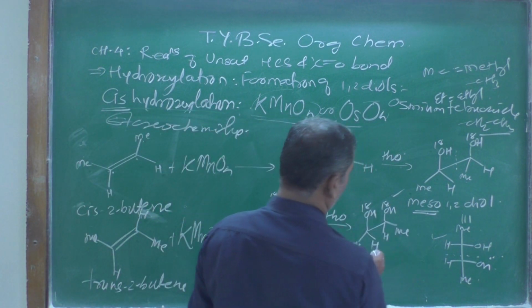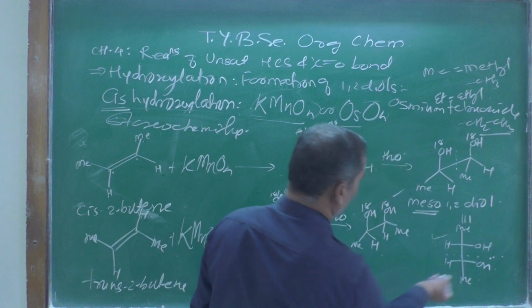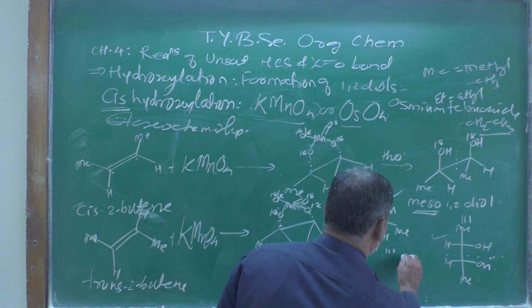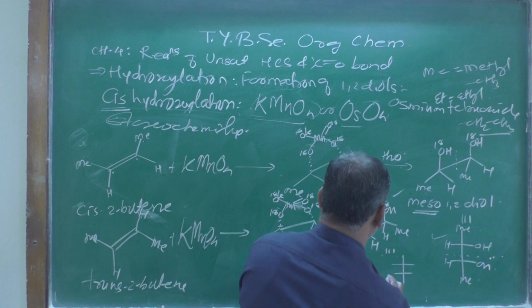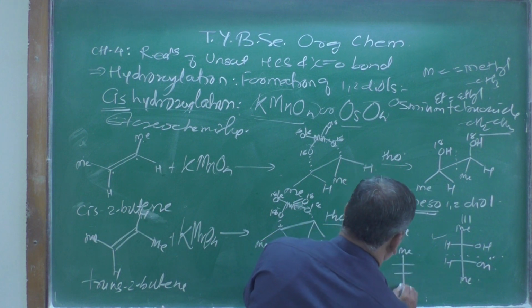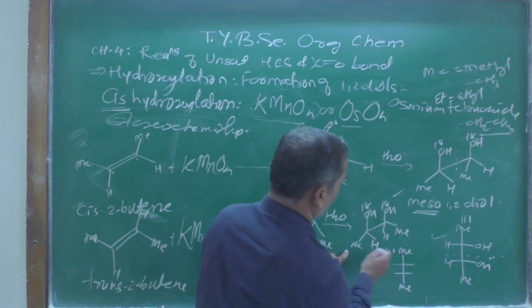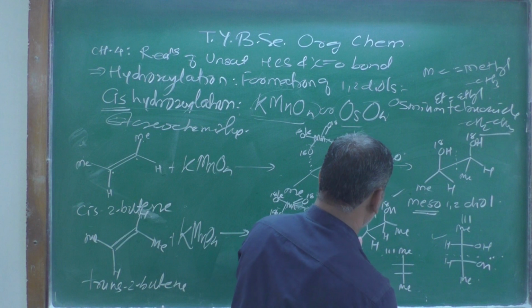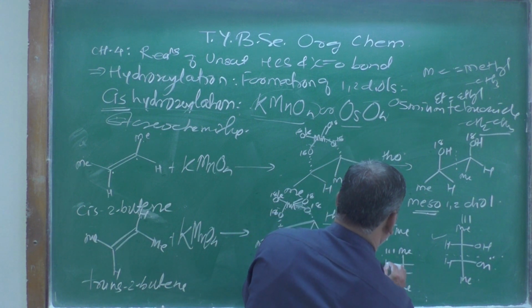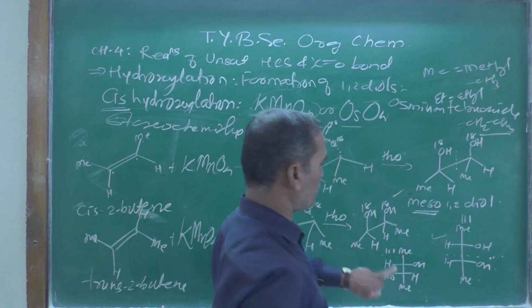Now look here. If you draw the Newman projection formula vertically, what do you see? This methyl group and this methyl group you write over here, and there is a methyl group here. One hydrogen atom is here, OH is here, another HO here, and H is here.